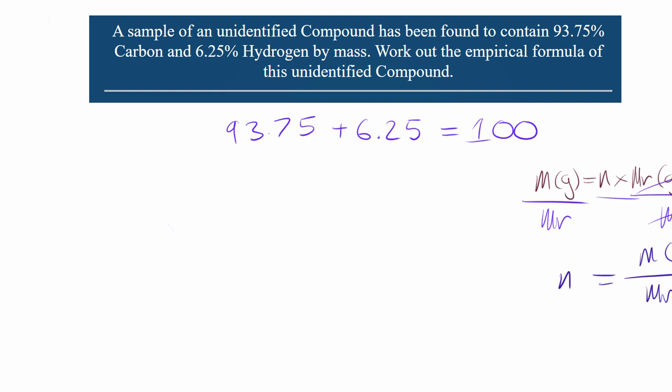And that takes us to a point where we can actually use these percentages by mass to establish concrete figures of mass for the purpose of molar comparison, right? So therefore for carbon we've got 93.75 grams. For hydrogen we're going to have 6.25 grams, right?